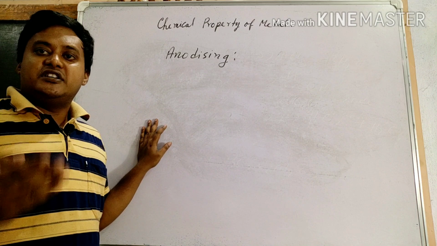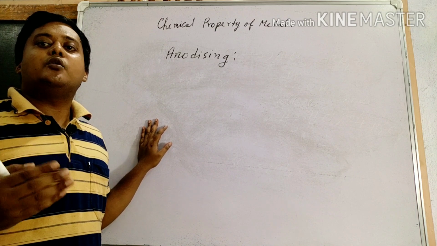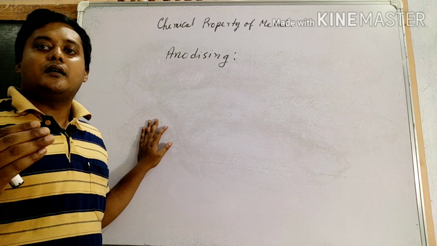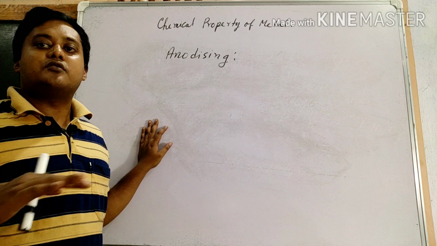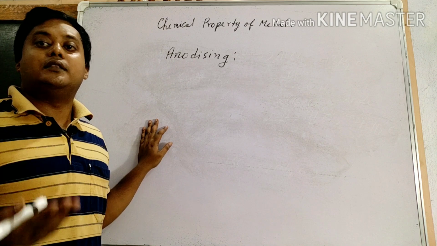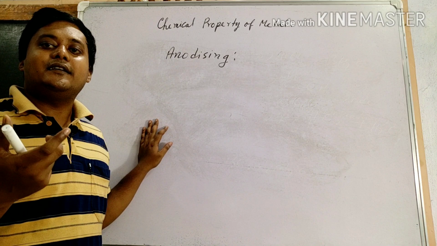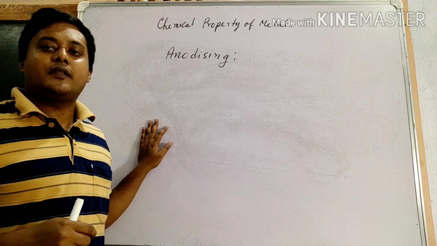Aluminium and zinc undergo aerial oxidation to form their oxide, and a thin layer of this oxide protects the metal from further oxidation. That means, if we buy any aluminium utensil, initially it has metallic luster.